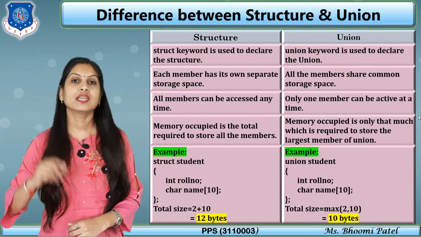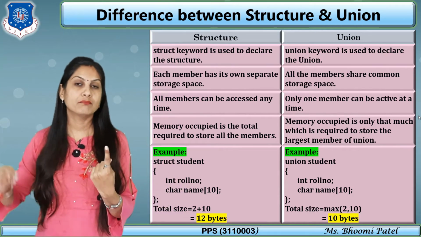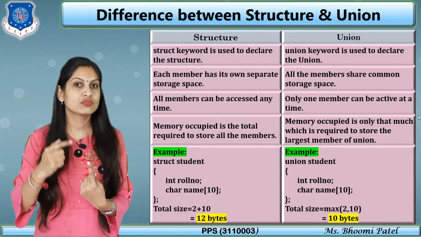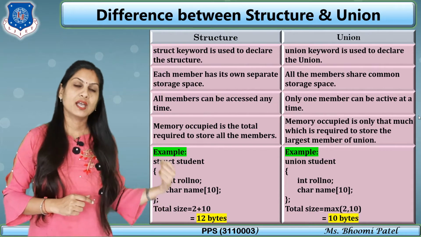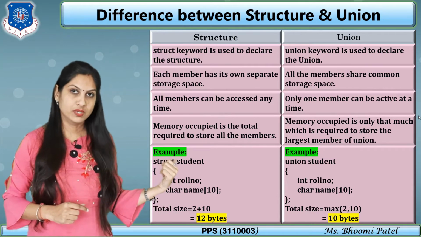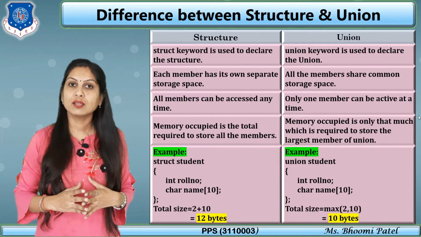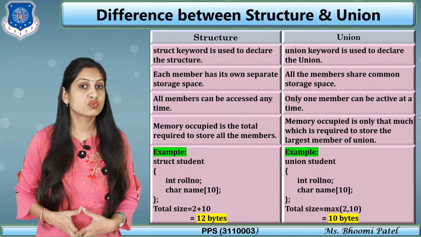The integer occupies 2 bytes and the character occupies 1 byte, but name has a total of 10 characters. So 10 into 1, that means 10 bytes will be allocated for name and 2 bytes for roll number. The size of this structure variable is the total of these two, that is 2 plus 10, it becomes 12 bytes.